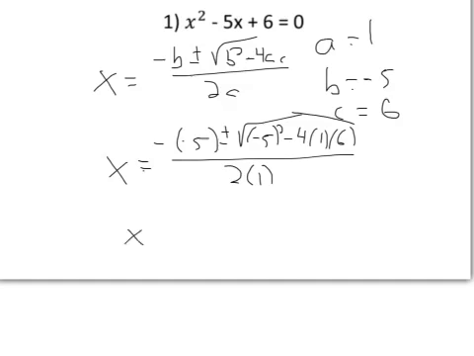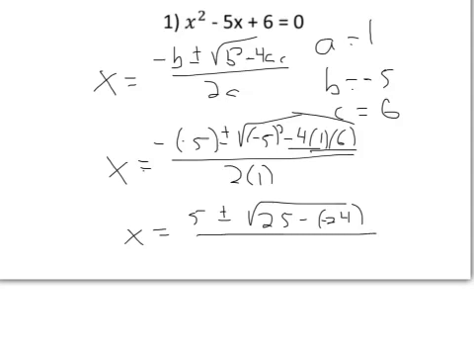Negative 5 becomes positive 5, plus or minus. The square root of negative 5 squared is 25. And then I want to do all this multiplication. Negative 4 times 1 is negative 4. Negative 4 times 6 is negative 24. And then 2 times 1 is 2.